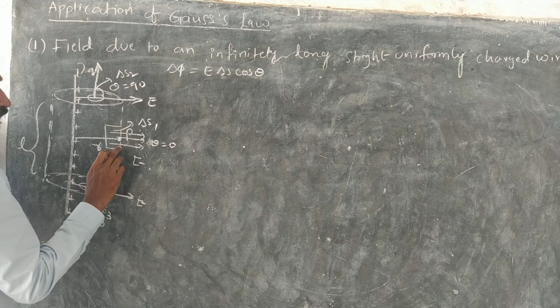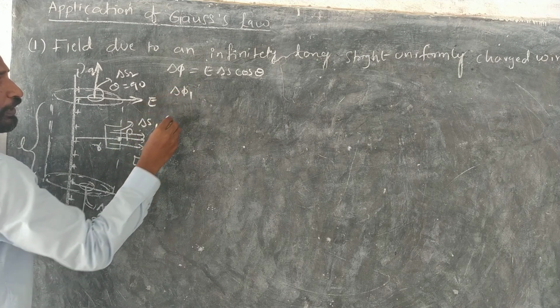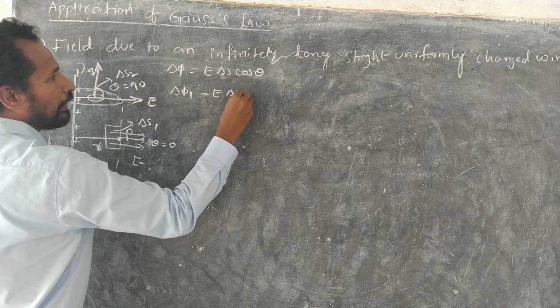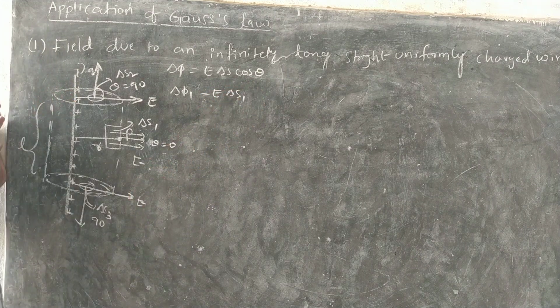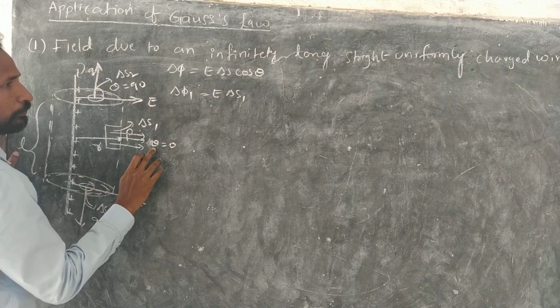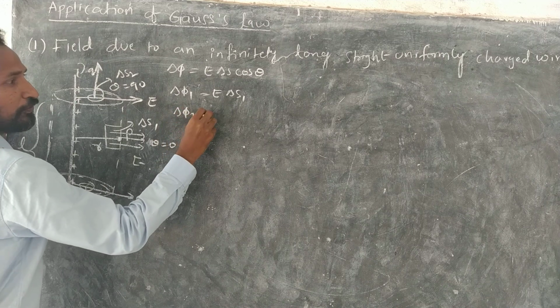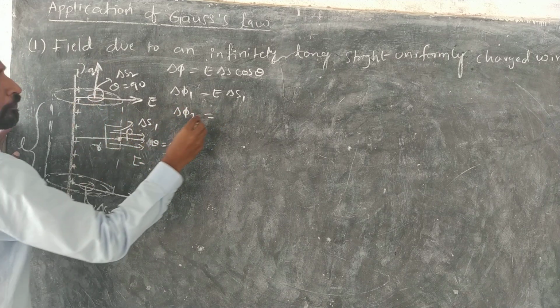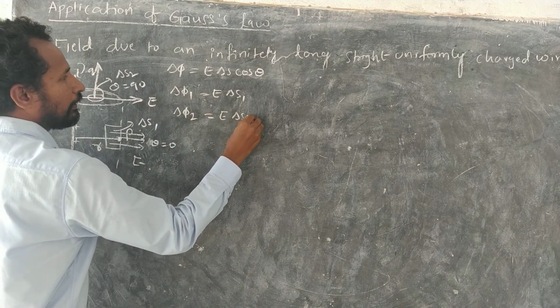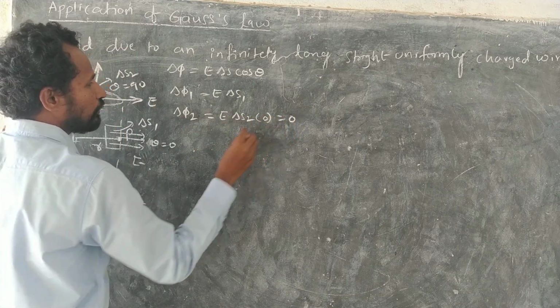Now the flux through this surface: first flux delta phi 1 is equal to E delta S1. What is the angle here? First case 0, cos 0 is 1. Second flux, second area: E delta S2. What is the angle here? 90, cos 90 is 0, so this value is 0.